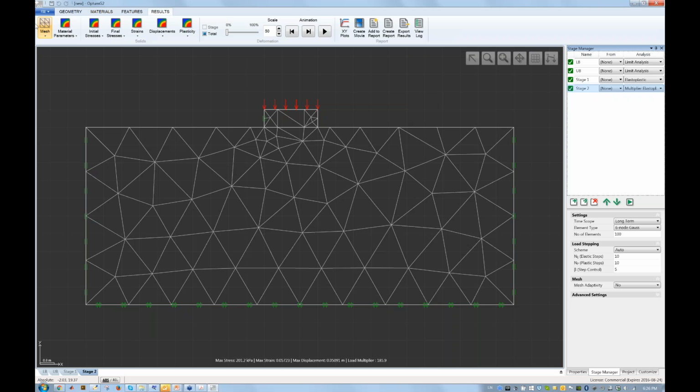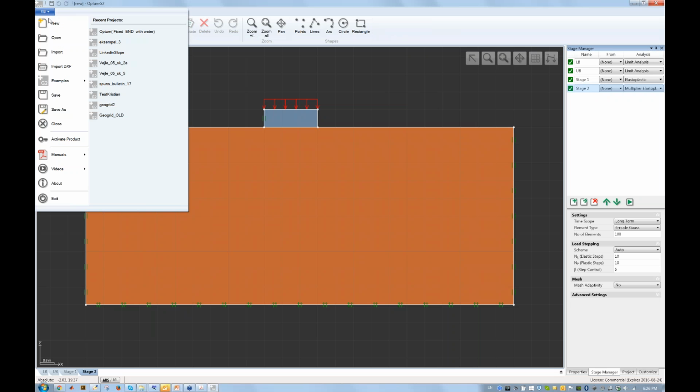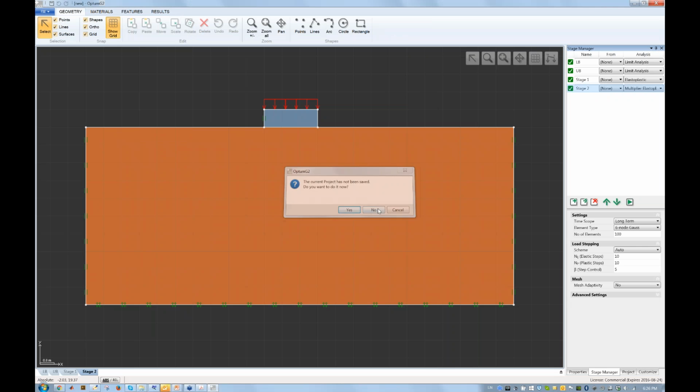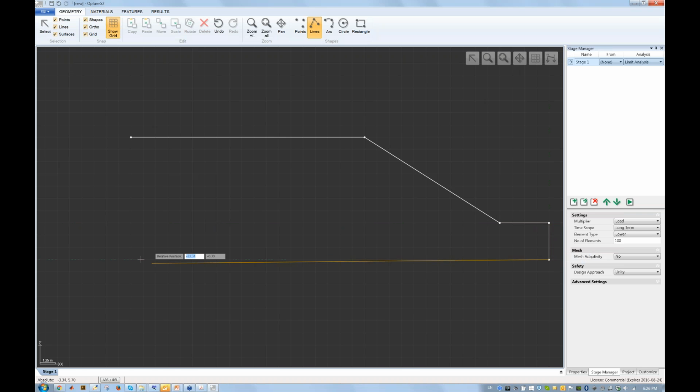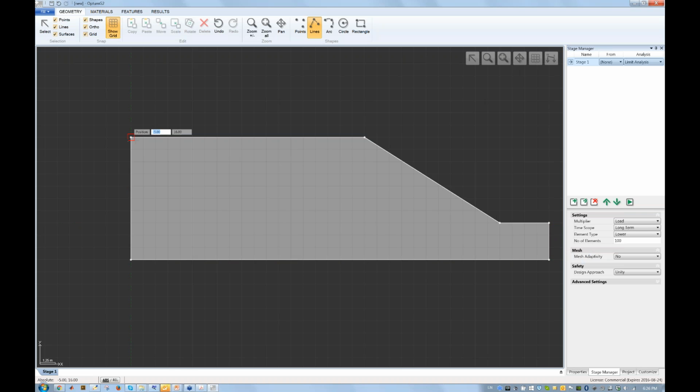So then I wanted to show you briefly an example of a strength reduction analysis, which is, I think, the method of choice when it comes to slope stability. So I'll draw a slope, and I won't worry too much about the exact dimensions, but draw something that represents a slope fairly well.